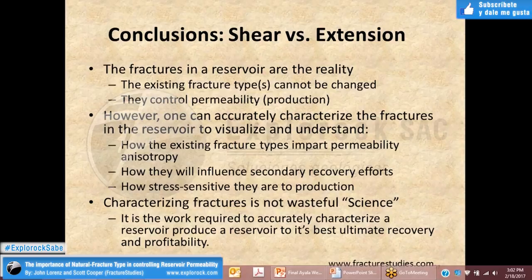The shears are being propagated a little bit more directly, so they will cut several beds at a time. So they'll have more vertical connectivity in the reservoir as well, which again makes them desirable.